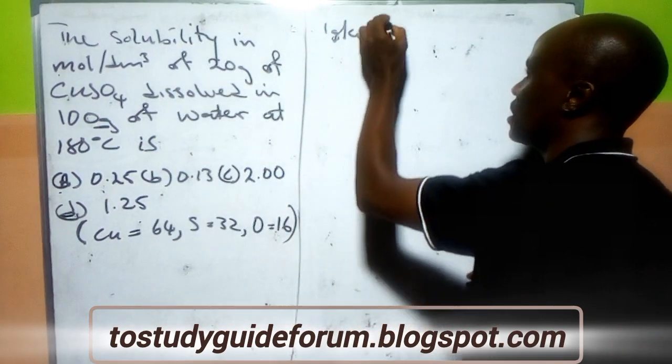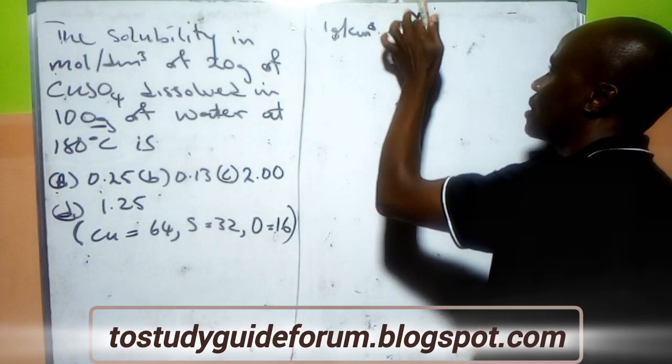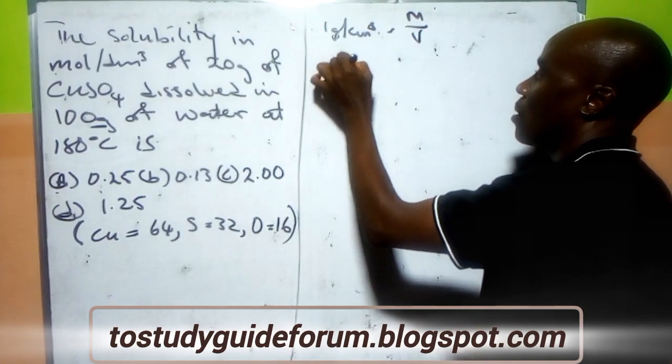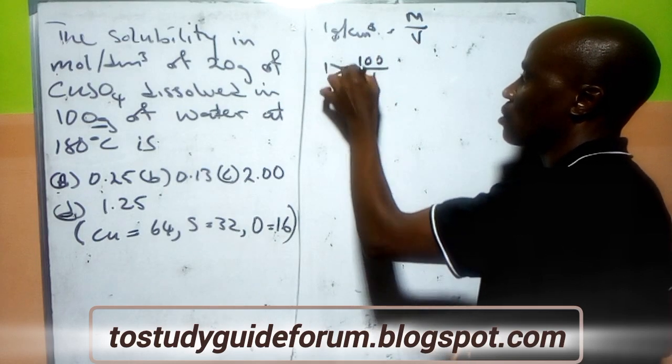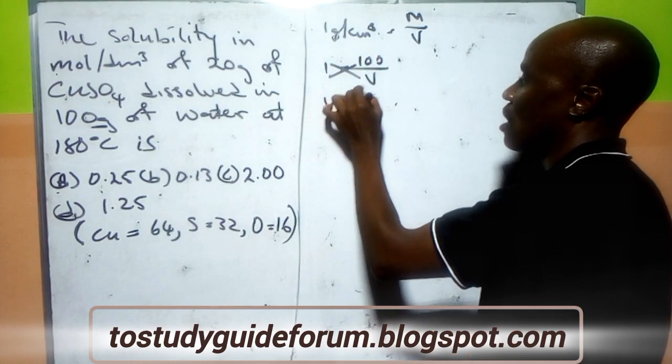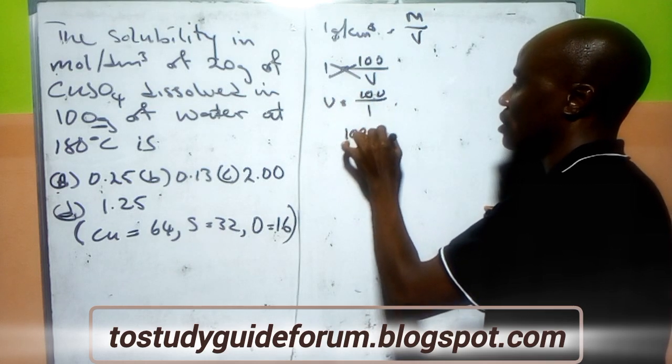Since density is mass over volume, our mass given here is 100 grams and volume is unknown. If you cross multiply, the volume would be 100 over 1, which gives us 100 cm cube.